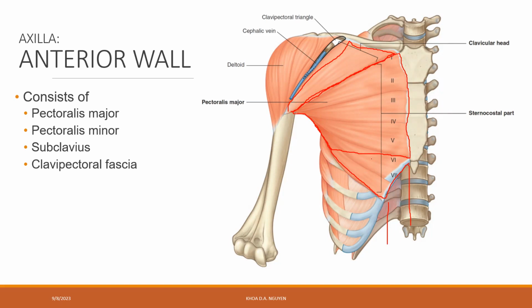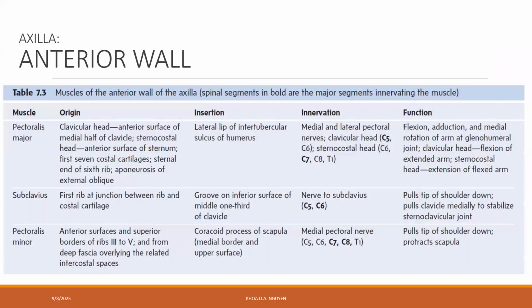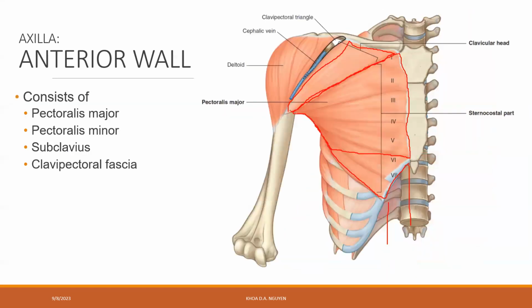There are three parts of the pectoralis major, and they all connect back to this portion here of the humerus. So now let's just go over it one second. The lateral lip of the intertubercular sulcus of the humerus, and that's the insertion. So now with this image in mind, these are the origins, three origins, right? This is the insertion. The insertion is the one that moves right here. So what would happen if this one gets shorter?